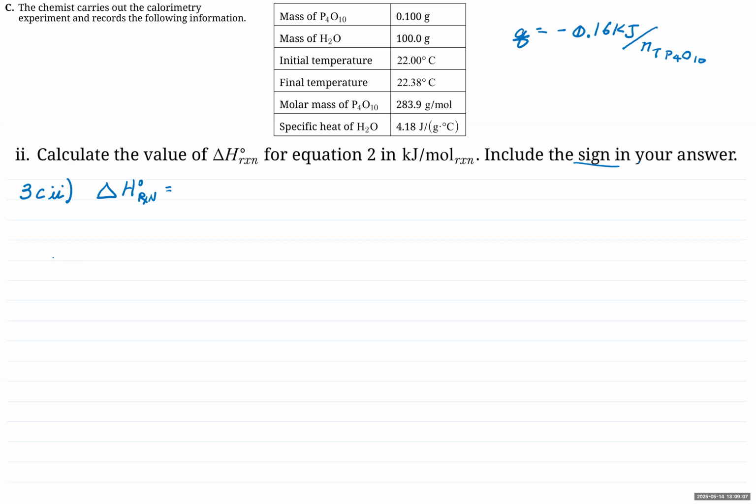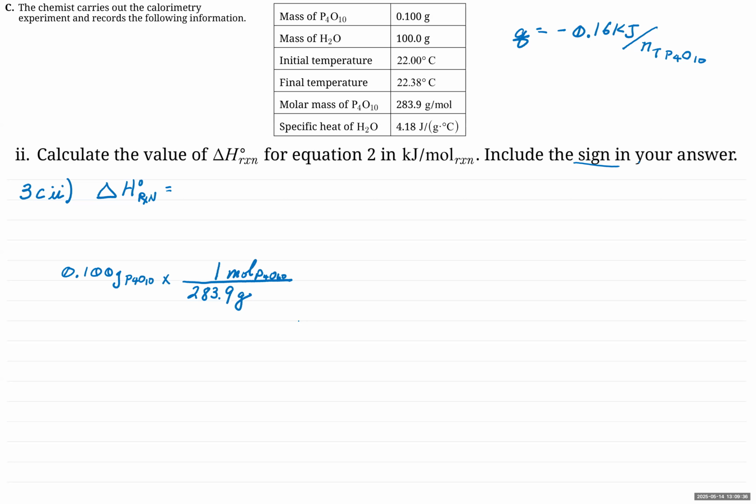So we know that we need the number of moles of our P4O10, right? So let's do a dimensional analysis. We got 0.100 grams of P4O10, right? And we are given the molar mass, right? 283.9 grams per 1 mole of P4O10, right?